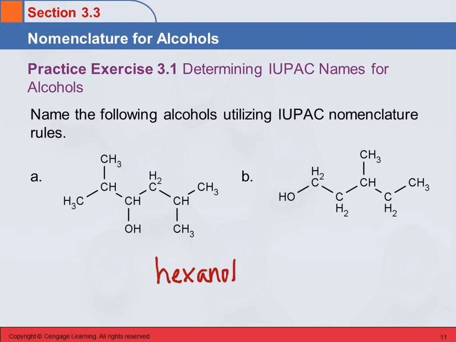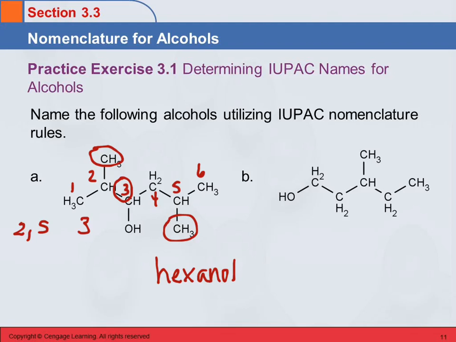Then we have to decide how to number this. We could number 1, 2, 3, 4, 5, 6. And that would get us a 3 for the hexanol. We've got a couple of methyl groups on here. And we'd get 2 and 5 for the methyl. 2 and 5 for the methyl, 3 for the hexanol. So let's see what would happen if we numbered a different way.